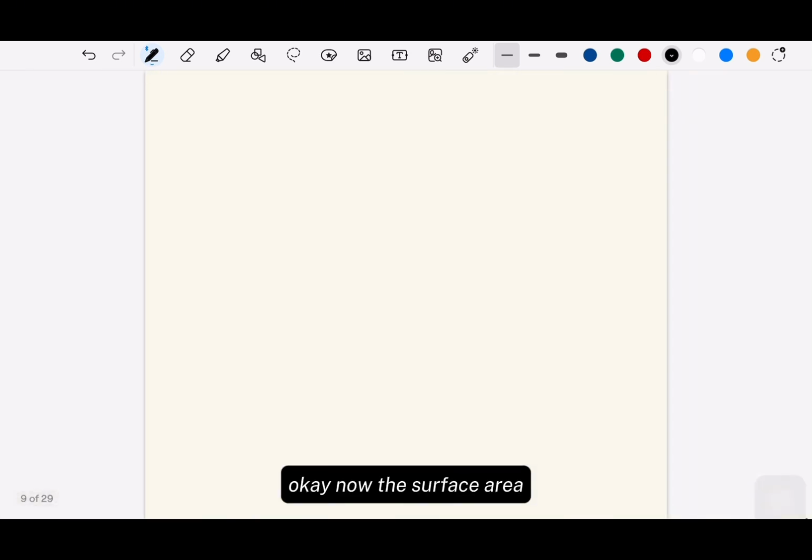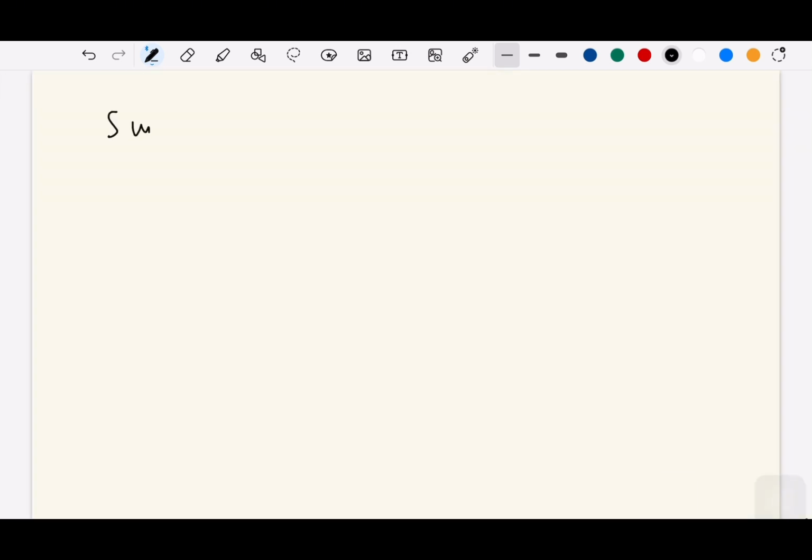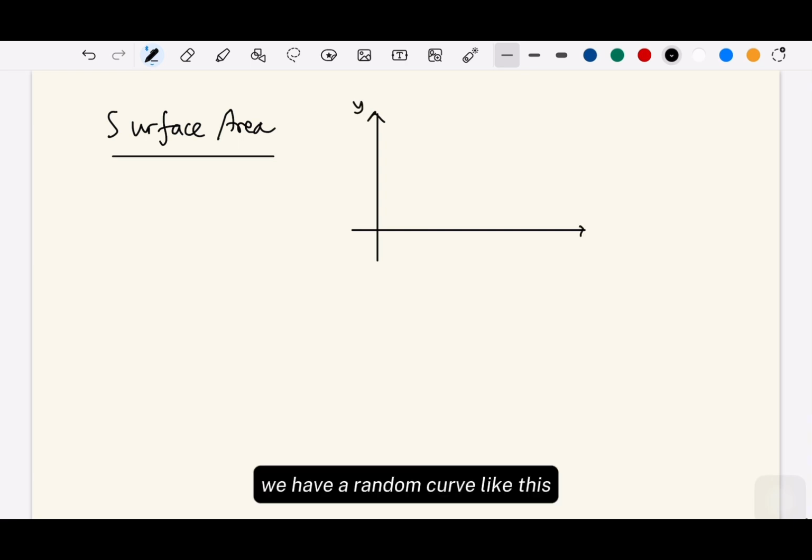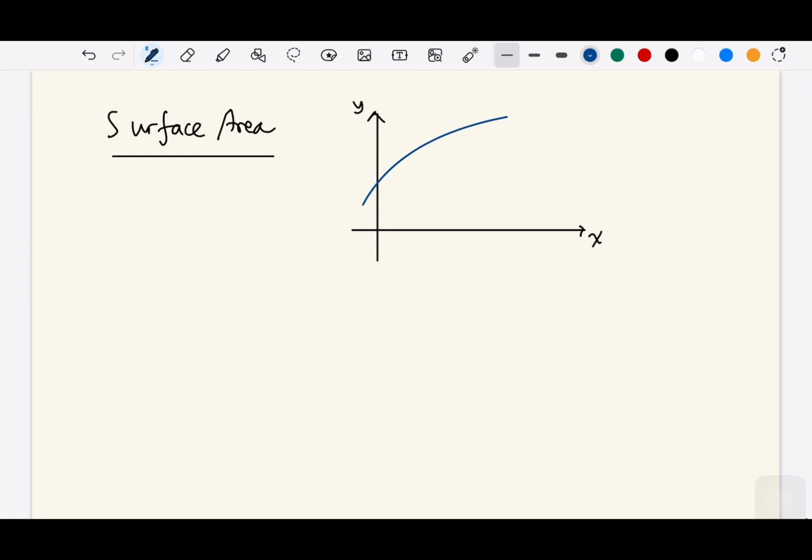Okay, now the surface area, if you remember, let's say we have a random curve like this. Let's say this is f of x.